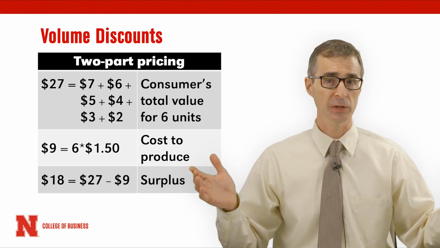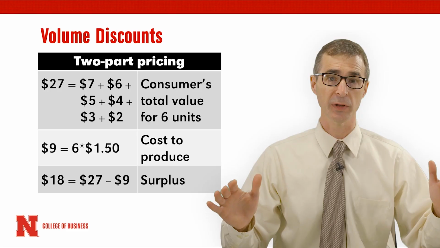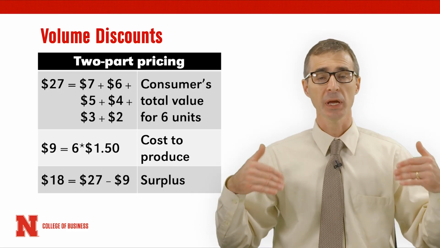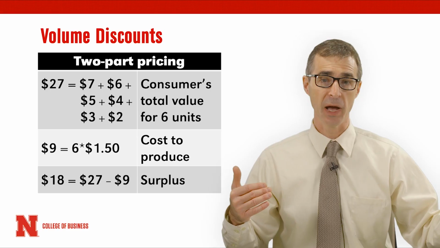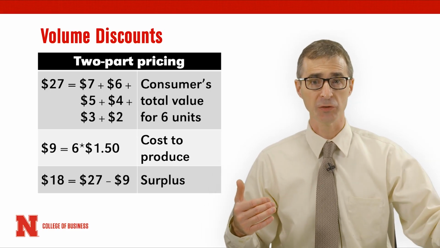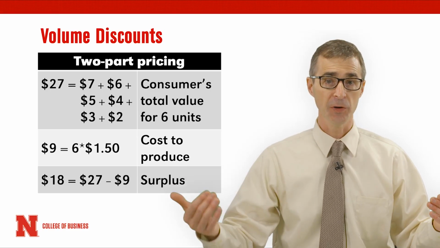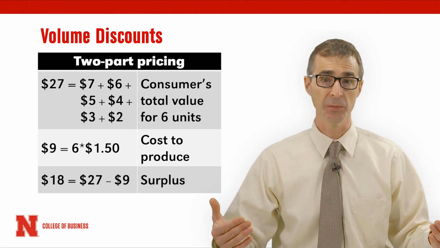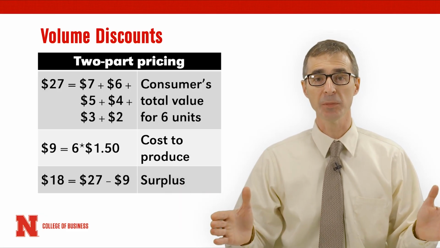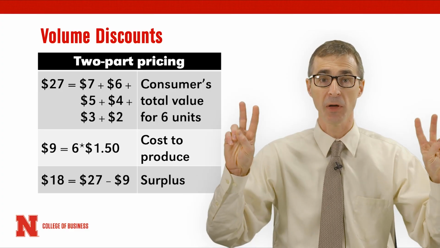Not bargained over in the literal sense that they actually haggle over it in the store, but bargained over in the sense that the customer has a certain degree of pricing power, and that depends on whether substitute products exist. The firm has a certain degree of pricing power, again, based upon the intensity of competition. And that intensity of the competition will determine the outcome of the bargain.